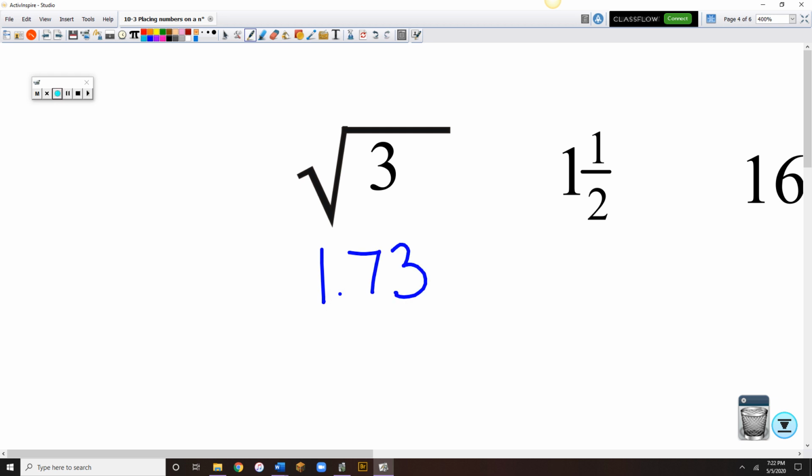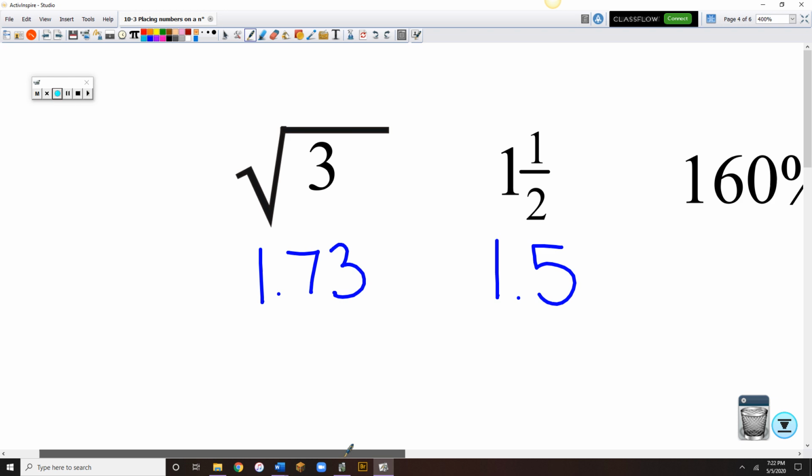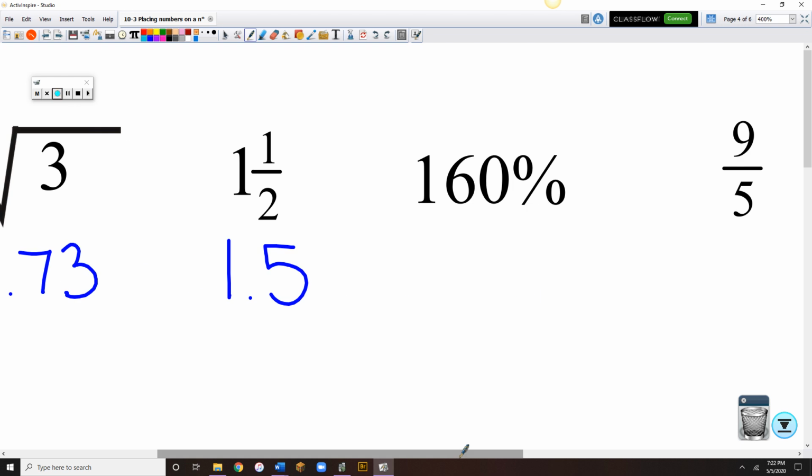Okay, 1 1/2, hopefully we can do in our head, is 1.5. 160%, that's where we're moving the decimal over 2 times, so 1.6.